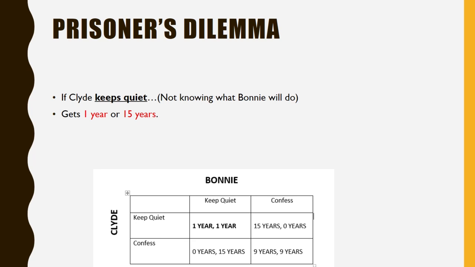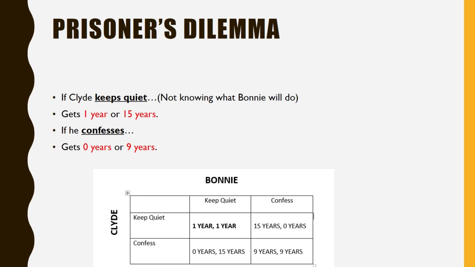Well, if Bonnie also keeps quiet, he gets 1 year. But if Bonnie confesses, he gets 15 years, right? And if Clyde confesses, so now let's move him to that row. If he confesses, well, he gets either 0 years or 9 years, right? It depends on whether Bonnie keeps quiet or Bonnie confesses, right?